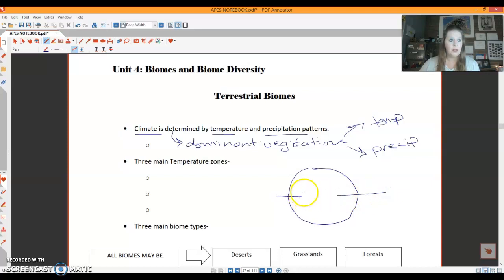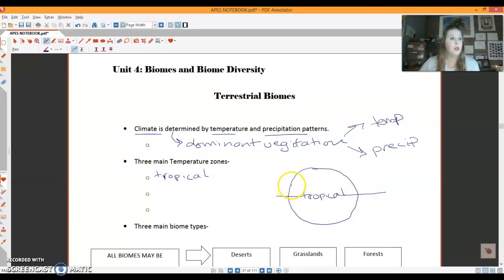Okay? So this is what we consider to be our tropical areas. So the first one is tropical. Remember that we have the greatest input of sun at the equator, so that's why it's going to be a tropical, warm temperature zone.